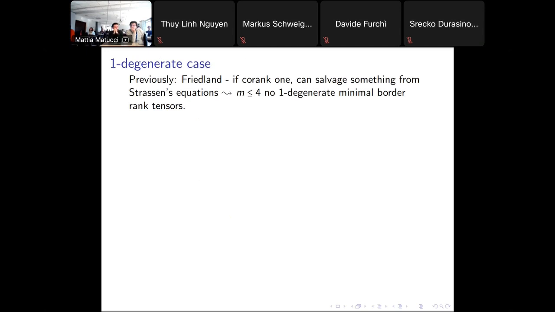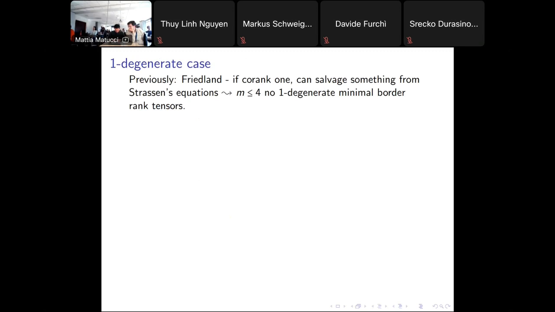And so Friedland is someone after my own heart. He does the most with the least technology. So he salvaged something from Strassen's equations, even in the one degenerate case, and he used it to prove that when m is less than or equal to 4, there are no one degenerate minimal border rank tensors. And that's basically how the classification in the m equals 4 case was finished, thanks to his work.